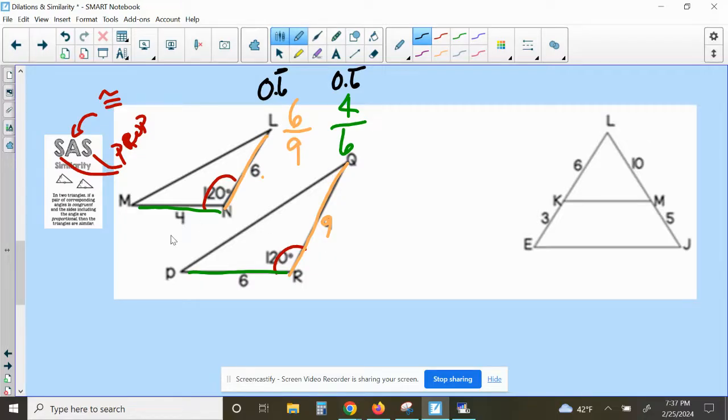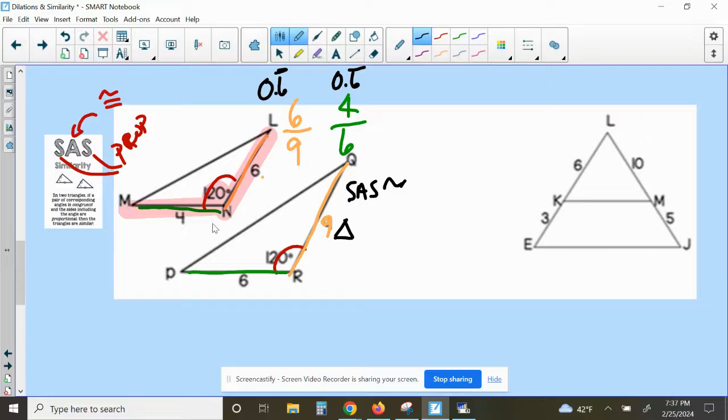And we just have to check to see if our two sides are touching the angle. So here was the angle, right? This is one of the sides, and this is one of the sides. Are both of these pink sides touching that angle? They are. So we do have side, angle, side similarity. I use the little squiggly symbol. So that means I have triangle, and I'm just going to name this guy any way I want.